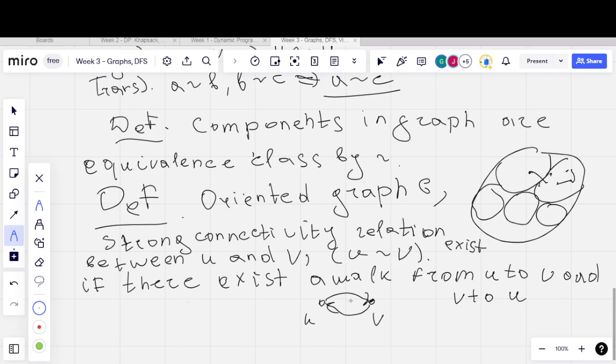Wait, I mean this way, not edge. Some walk to this, and some walk to this vertex.